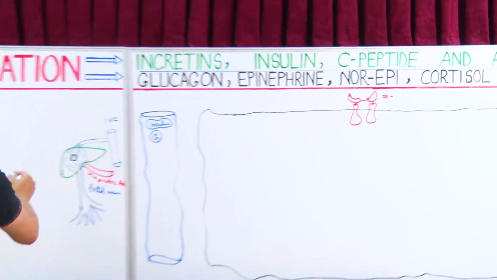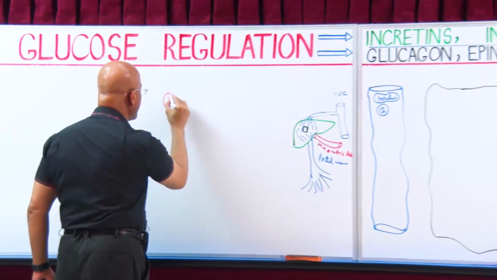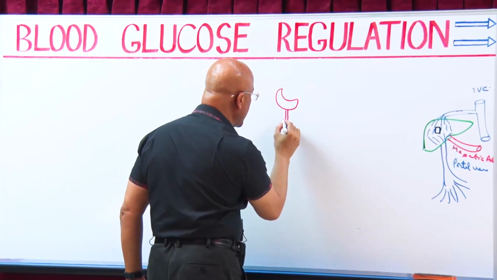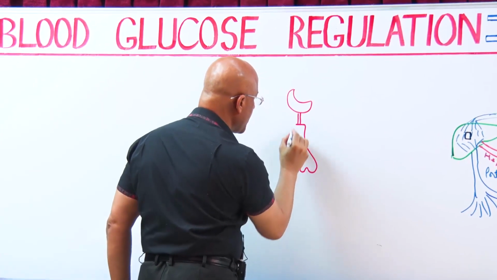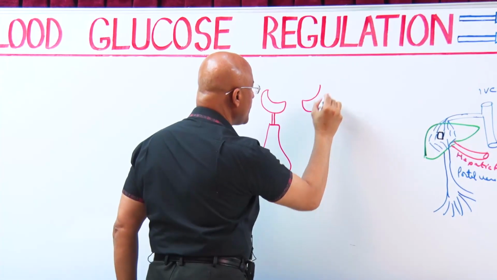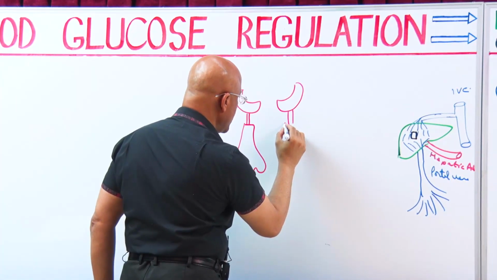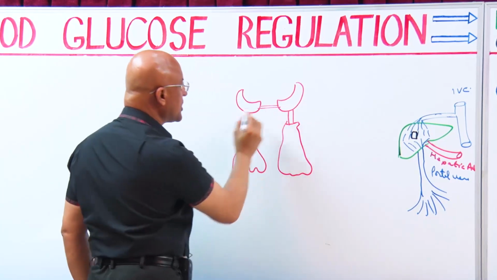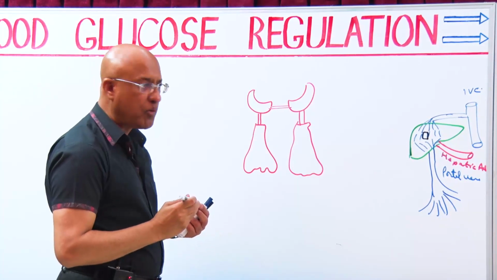Let me make it big here: this is the alpha unit, held by disulfide bonds with the beta unit, and another alpha unit held with another beta unit, and they are also attached to each other by disulfide bonds.